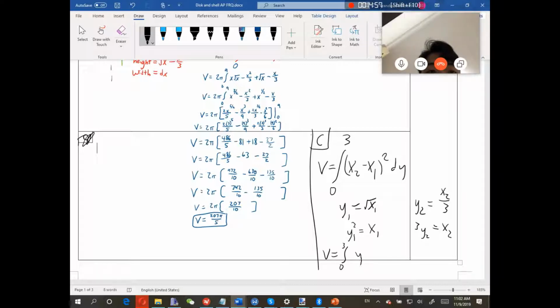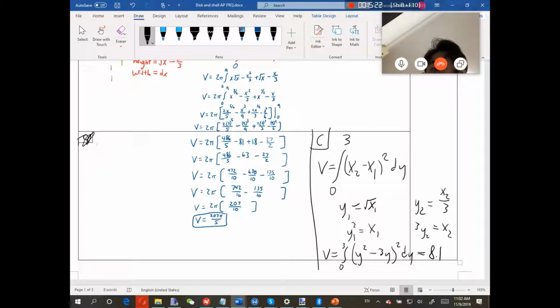So this is y squared minus 3y, all squared, in terms of y. Which, if you solve, ends up being 8.1.